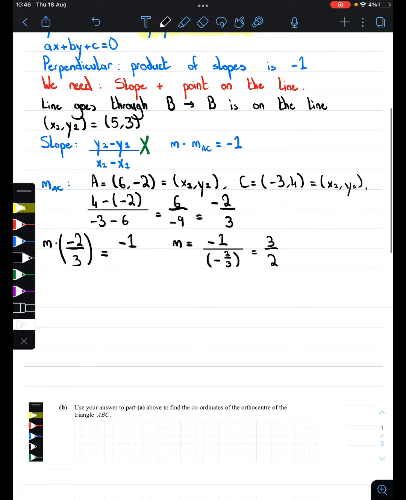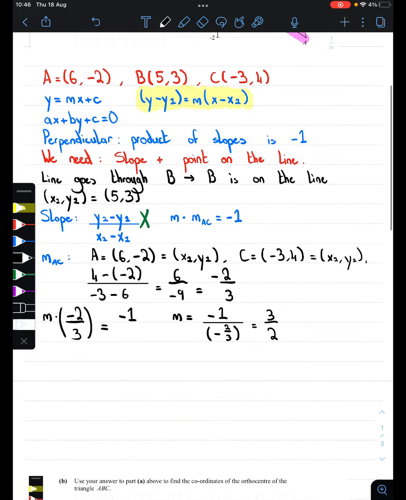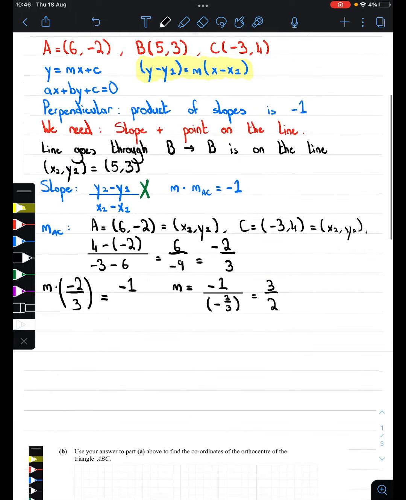And so now we can use our equation of a line formula that we've highlighted in yellow here. y minus y1, where y1 is 3: y minus 3 equals m, 3 over 2, times (x minus x1), x minus 5.